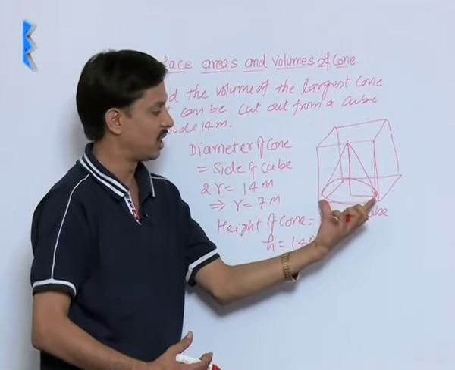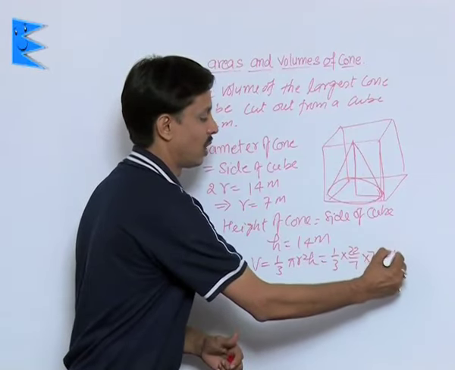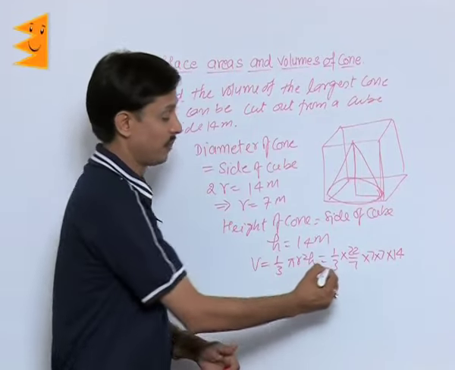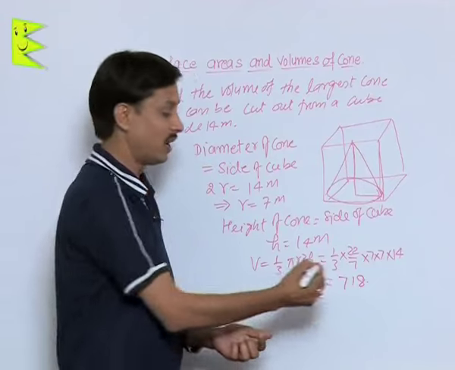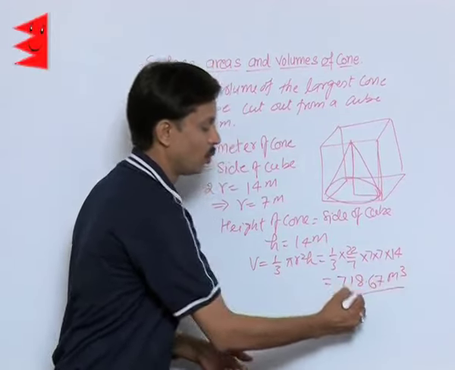Volume is equal to 1 by 3 pi r square h. Volume of cone 1 by 3 pi r square h, which becomes 1 by 3 into 22 by 7 into r square, means 7 by 7 into height is 14. After simplification, this becomes 718.67 meter cube.